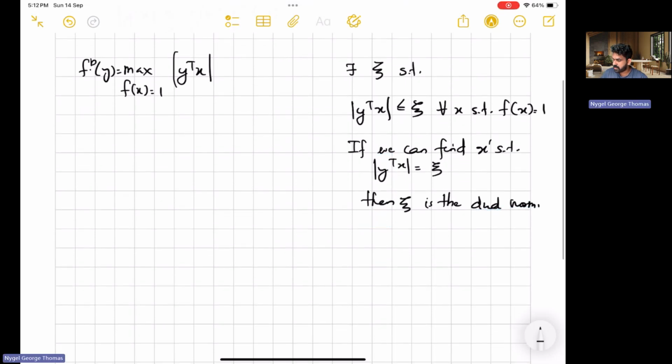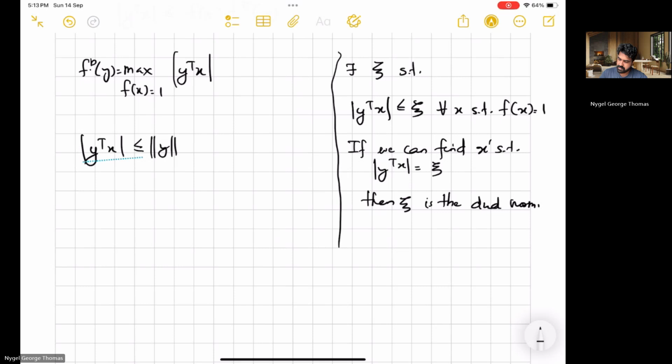So let's look at this idea and try to find some of the dual norms. We have a question here. In the previous lecture, we proved that y transpose x is less than or equal to the infinity norm of y times the L1 norm of x.